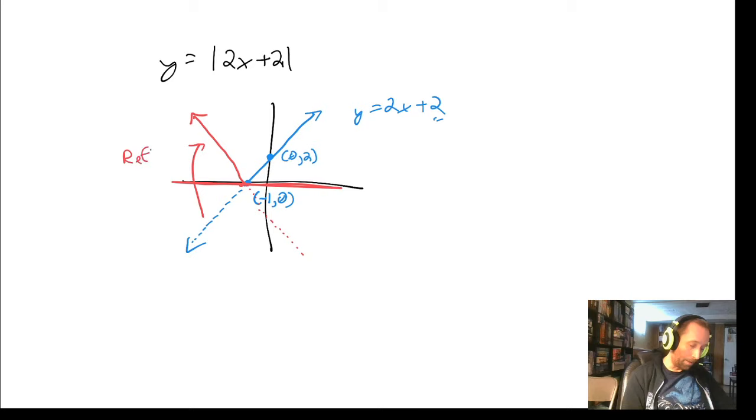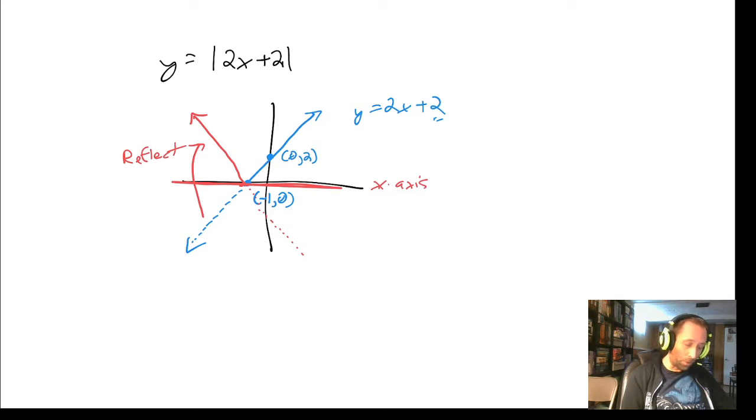All right, and I were to reflect it. What is the equation of that reflection? Well, it's as if I reflected it in the x-axis, and what that's going to do is change my y values from negative to positive.